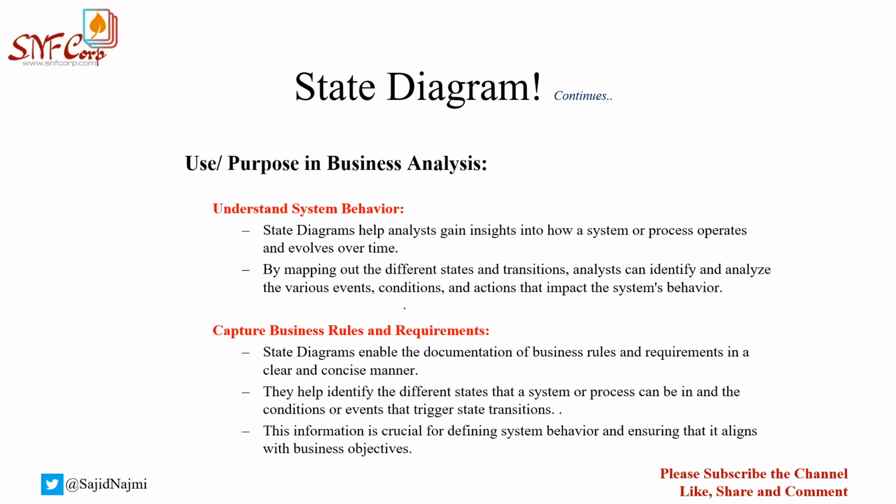Once you know what different states a phone can be in, and how it moves from one state to another, while you map all these states and transitions, you can easily identify and analyze the various events, how this will behave, and what will happen in the next state.